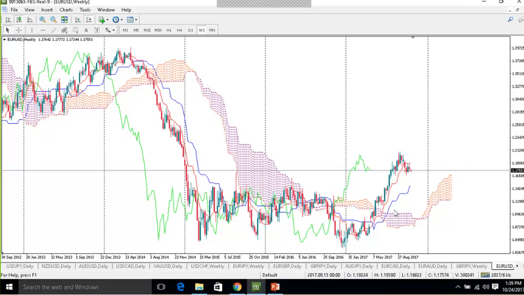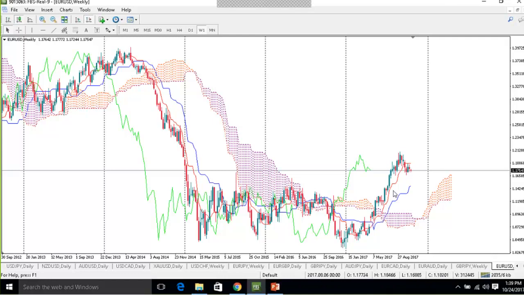When we have sideways movement, the cloud is usually more or less thin, but when we have a trend, one side of the market, bulls or the bears, tend to make the cloud bigger in size. And the bigger size of the current cloud, the bigger is the power of bulls or bears, whatever the cloud is that.